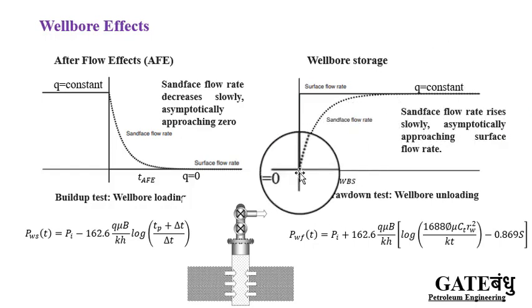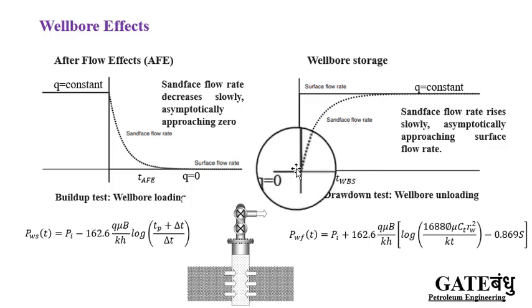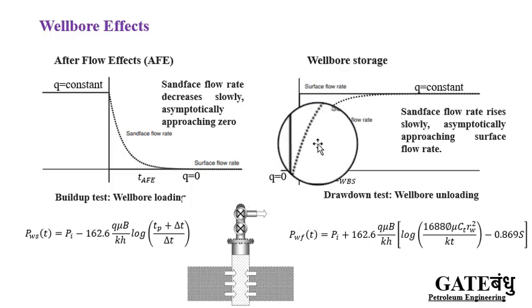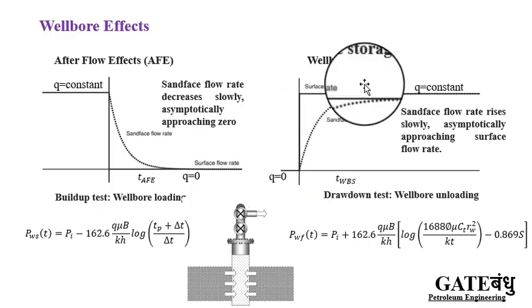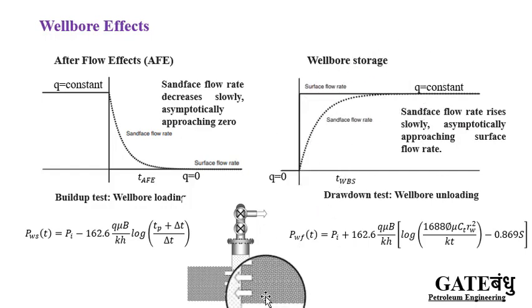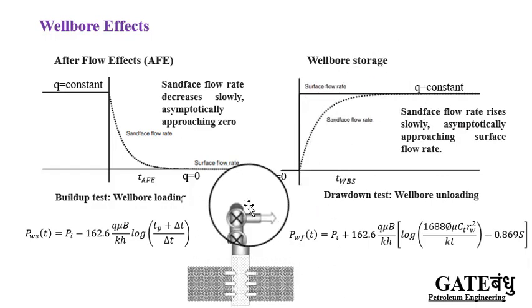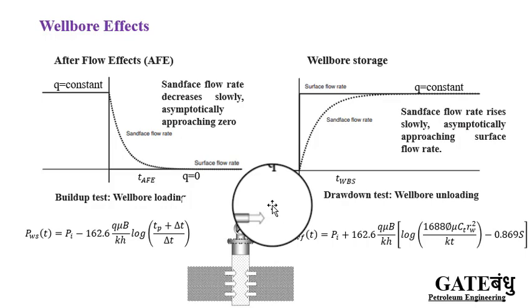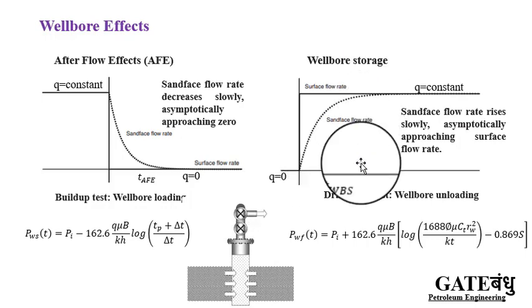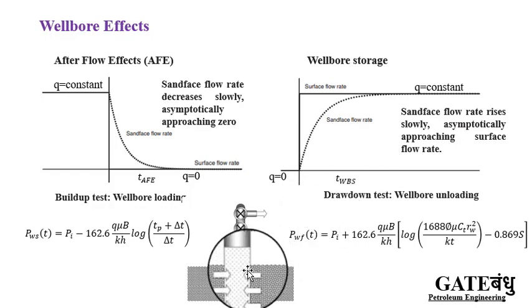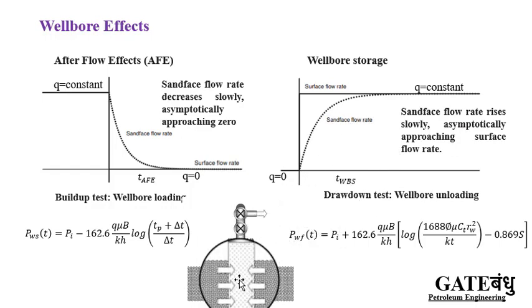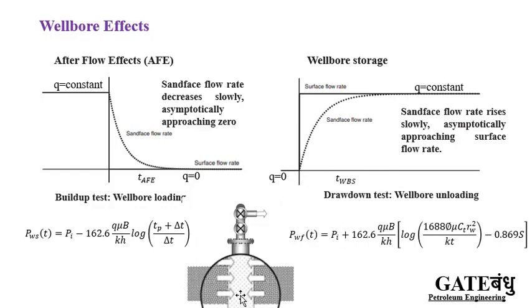Similarly, we could see here that it takes some time until the subsurface production rate and the surface production rate become equal. That means whatever fluid is entering here, the same fluid, at the same rate, is going out from the wellhead. It takes some time. This happens because of the wellbore fluid inside this wellbore.